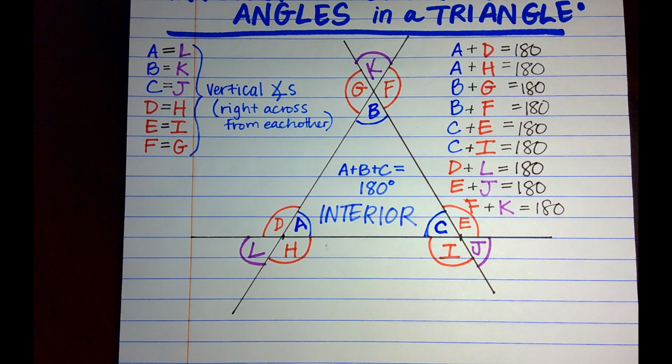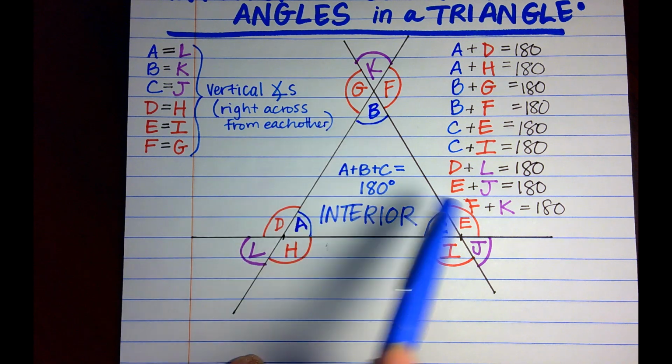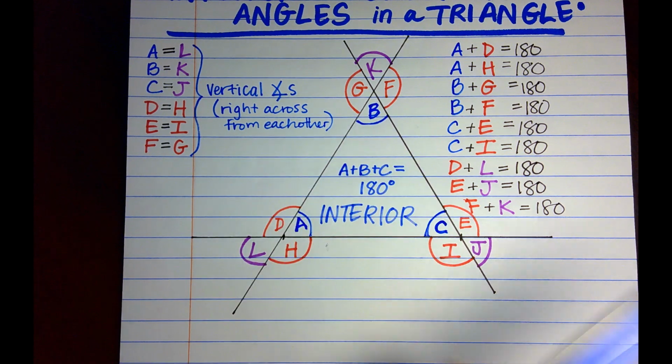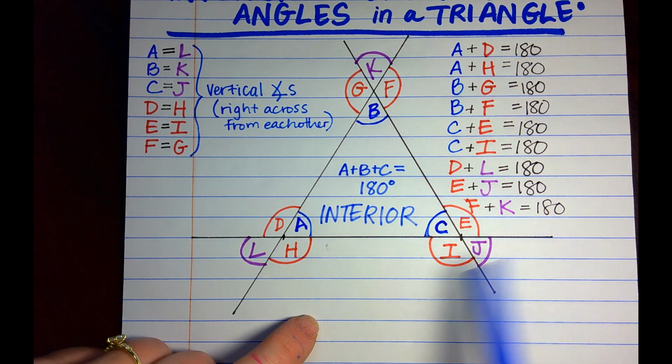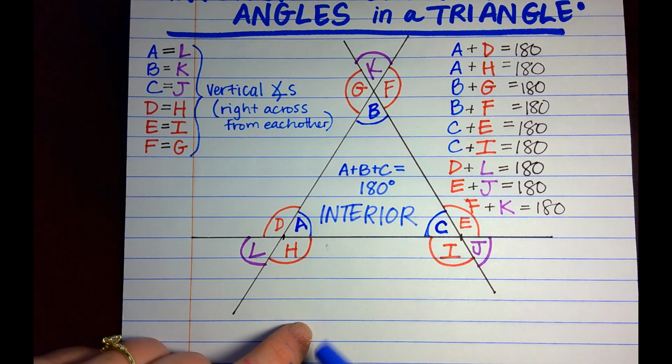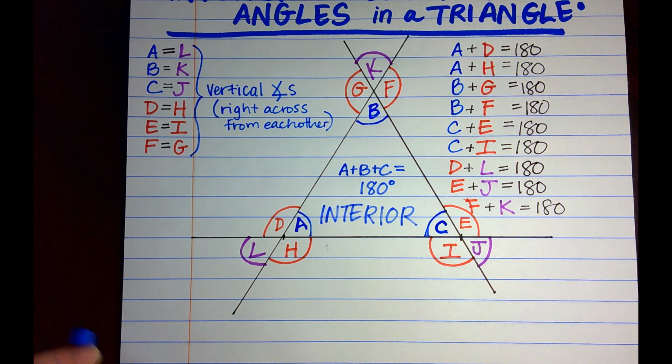First, A, B, and C, we know, because that's the interior. B plus C, we know because we discovered that when we cut the triangle up and stuck the angles together. And the rest is because they're supplementary, the straight angles. Yes.